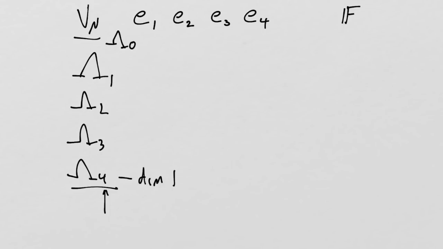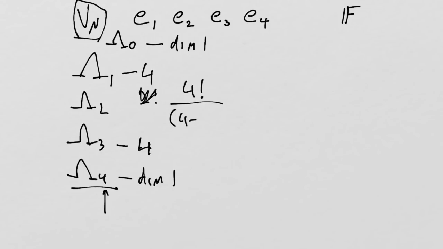The 0th exterior product space, that also has dimension 1. The 1st and 3rd exterior product spaces, when the underlying vector space is 4-dimensional, have dimension 4. And the 2nd exterior product space, let's see if I can remember it, has dimension 4 factorial divided by 4 minus 2 factorial, times 2 factorial, right?